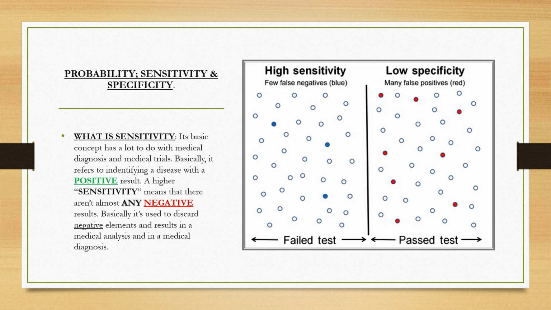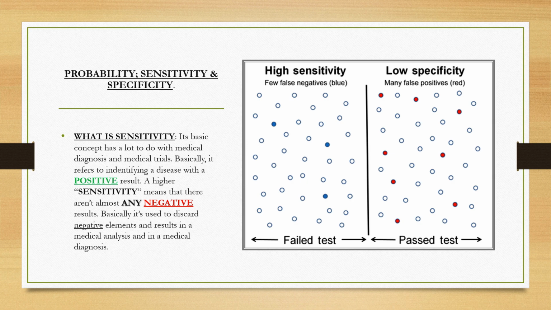So this is a little example of a picture. How does sensitivity look for statistics? We have two parts here, the failed test and the pass test. The failed test has few false negatives, which are the blue ones, and the pass test has many false positives, which are the red.